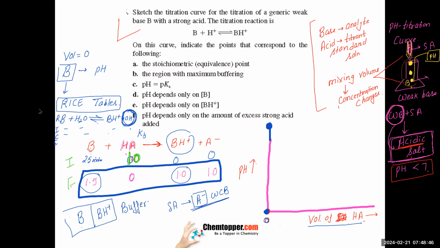So when you started your titration curve from this point and you started adding acid, the solution is becoming a buffer. The pH is slowly changing like this. Can you see? Very small change in the pH. Children, you're understanding why I'm getting a buffer here?